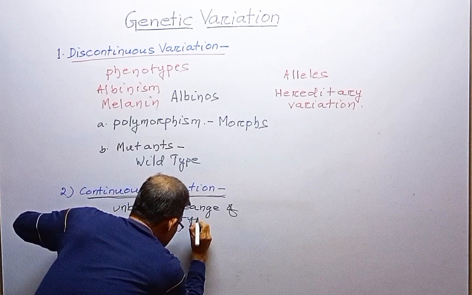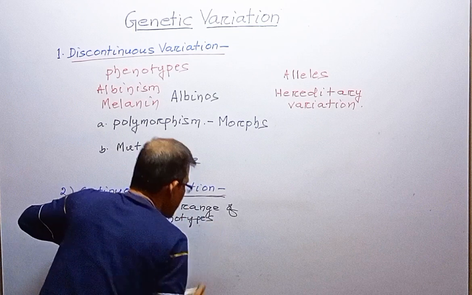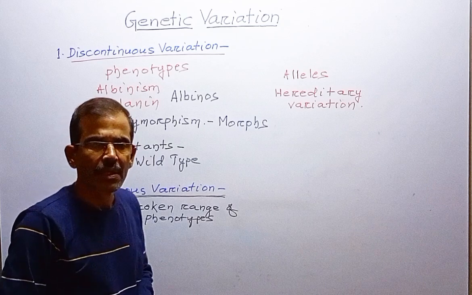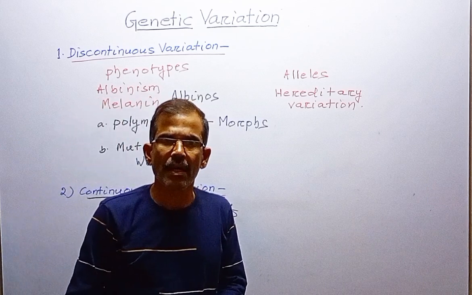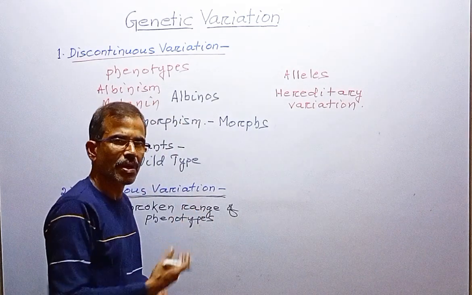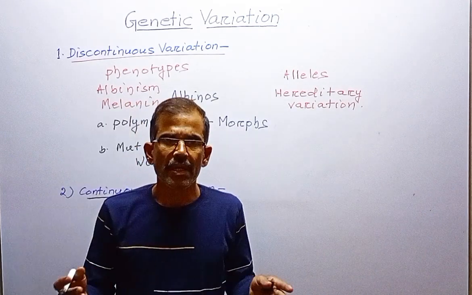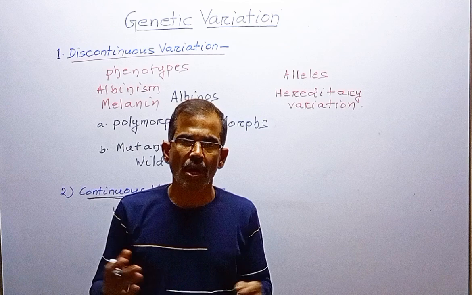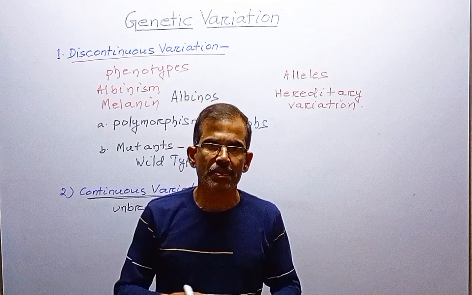Measurable characters such as height, weight, skin and hair color are good examples of such type of variation. Intermediate phenotypes are more common than extreme phenotypes.